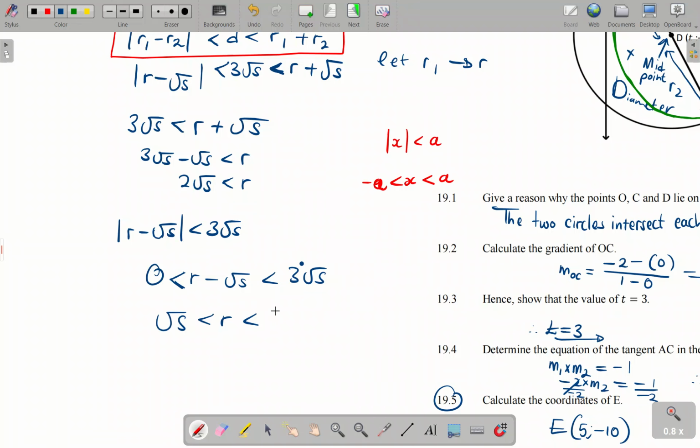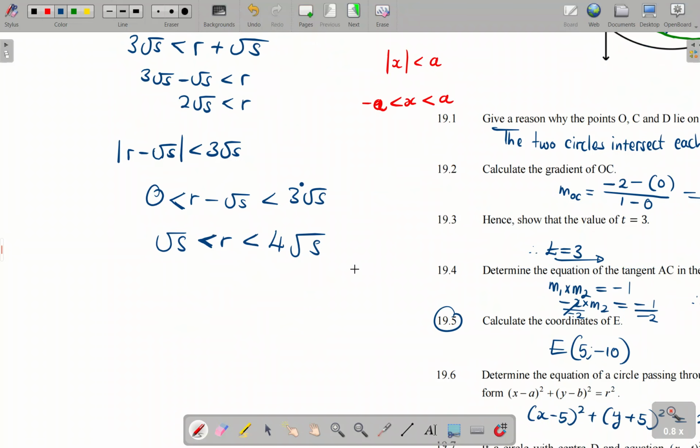I have 4 square root of 5 for r. The square root of 5 is approximately 2 point something. So these are the possible values of r that you can have.